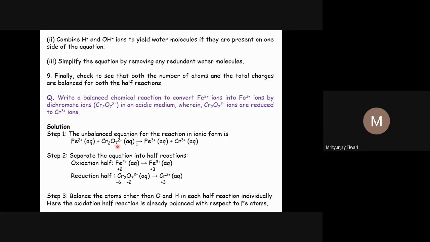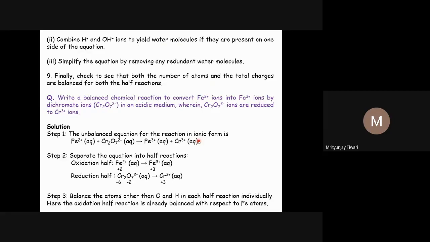The products: Fe2+ converts into Fe3+, so Fe3+ is one product, and dichromate converts into chromium 3+ ion, which is another product. They are also dissolved in water.